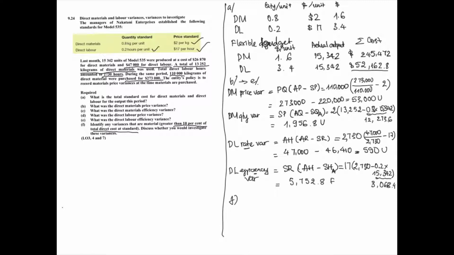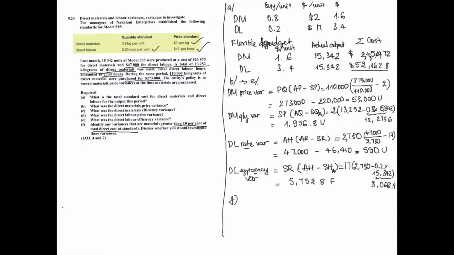However, no, sorry, that would be 52,000, 24,000. I have to recalculate this bit. 1.6 times 15,342 equal, yes, so that is 24,547.2.